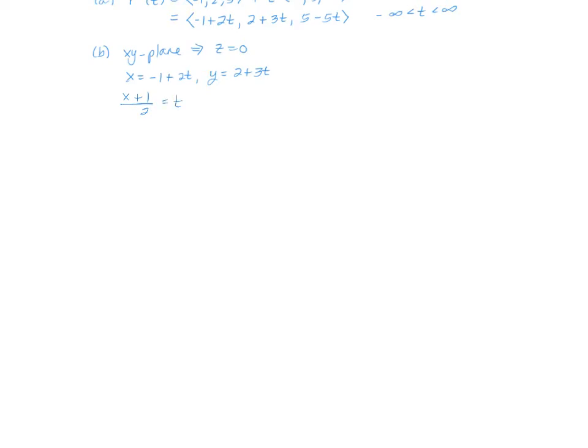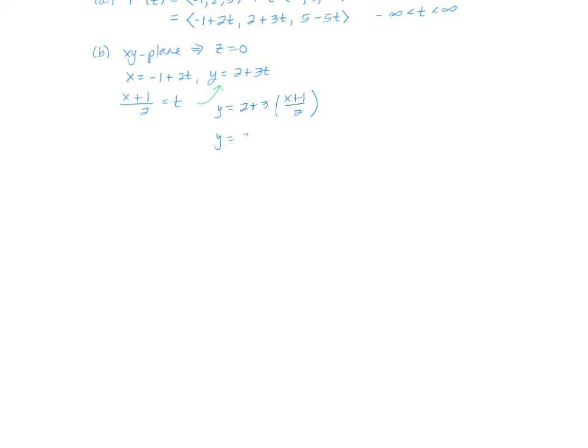Then I'm going to take that t value and substitute it into my y equation, which gives me y equal to 2 plus 3 times x plus 1 over 2. And that would be the equation of the line in the xy plane. And of course I would never leave it like that.